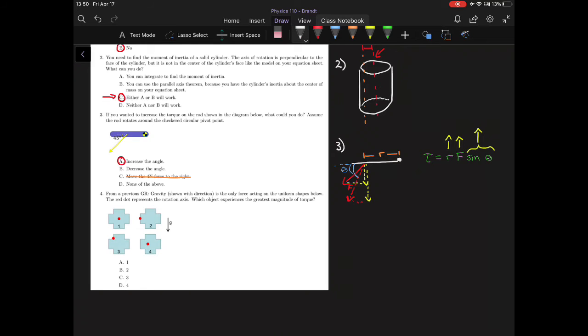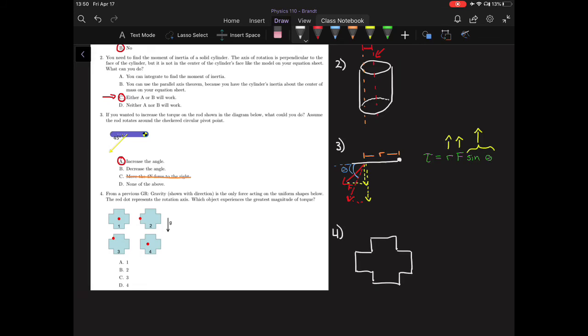And lastly, part 4. So for part 4, we have this odd shape here, basically being pinned at the locations marked, and we want to know which of those gives us the greatest torque from gravity.